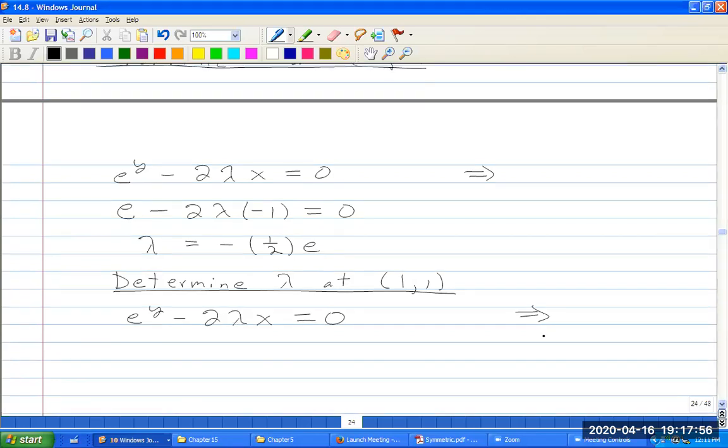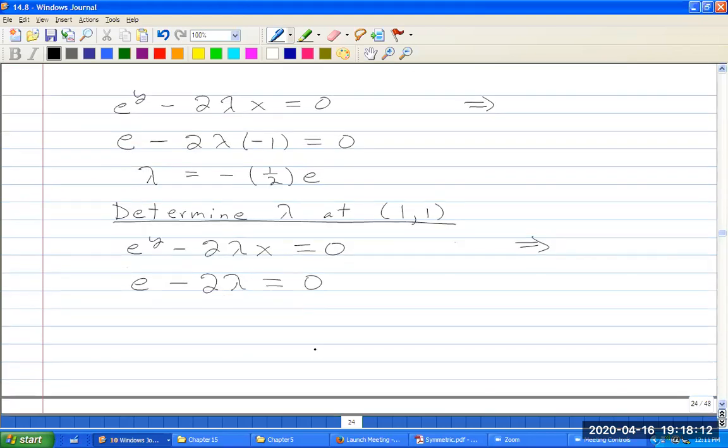So plugging in (1, 1), I have e minus 2 lambda equals 0. So lambda is just positive 1/2 e.